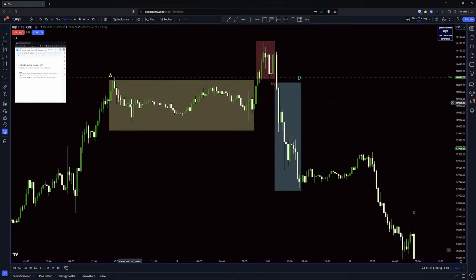So this is actually all of the overnight session as well as New York here. This manipulation is New York morning to the start of lunch, and the distribution is actually happening during lunch, which is pretty rare, but it does happen, right? So we have our AMD.